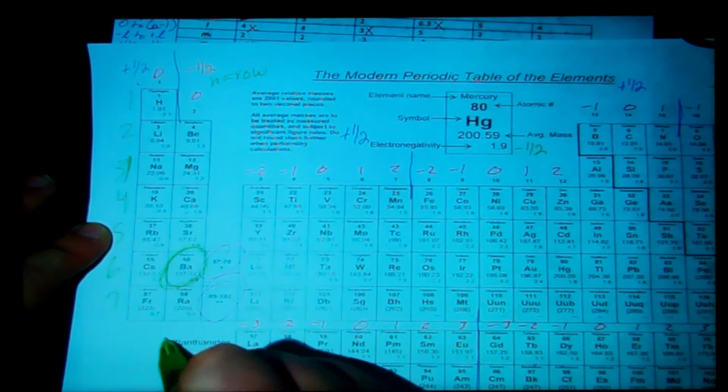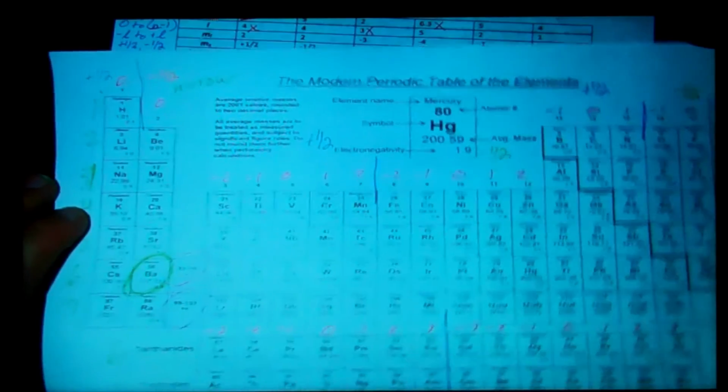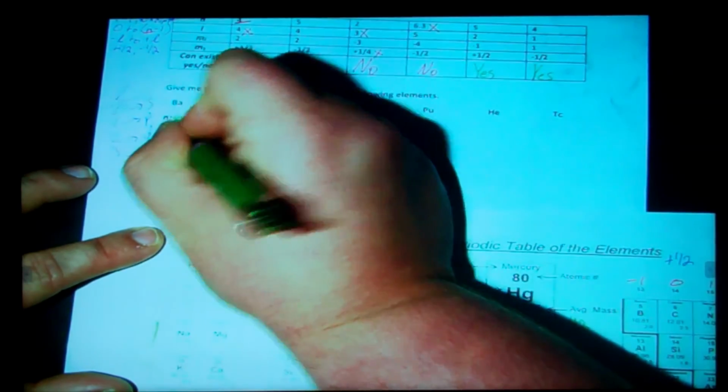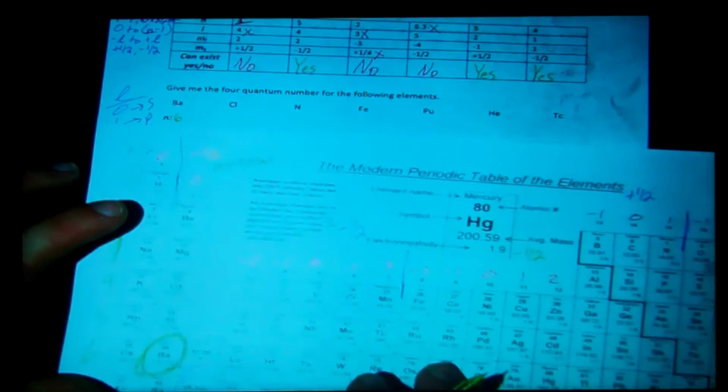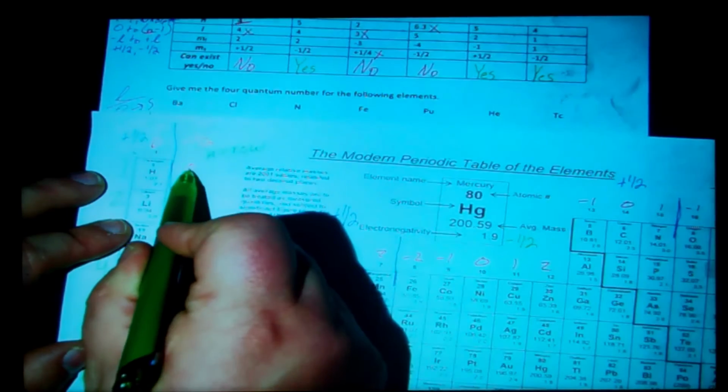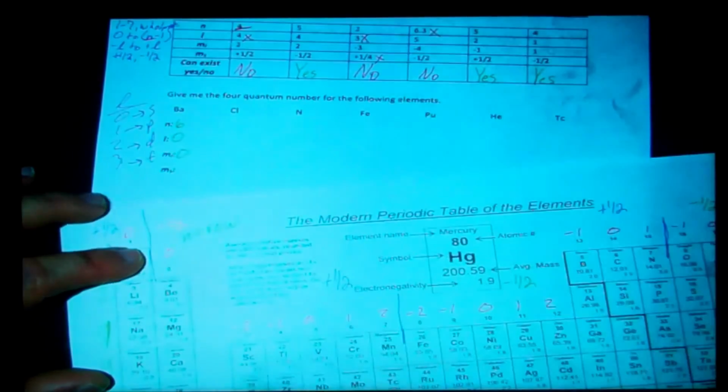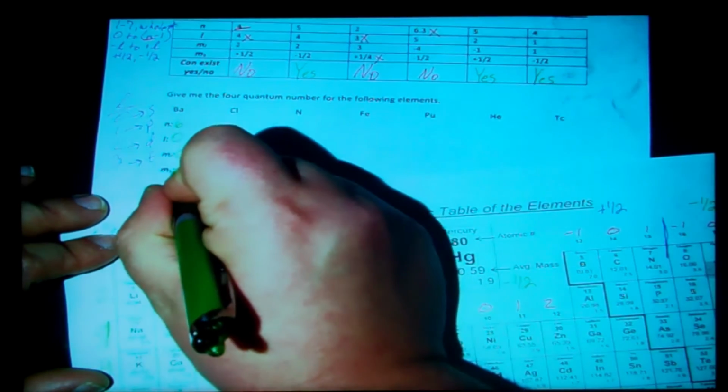Remember, down here at lanthanides, actinides, this is 6 and 7. There's rows. Barium is in the 6th row, and N equals rho, so 6 for N. M sub L, we labeled our periodic table, so just go up there. The orientation is 0. And the spin, negative 1/2. That simple.